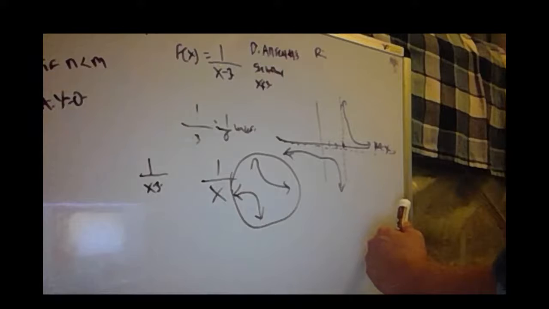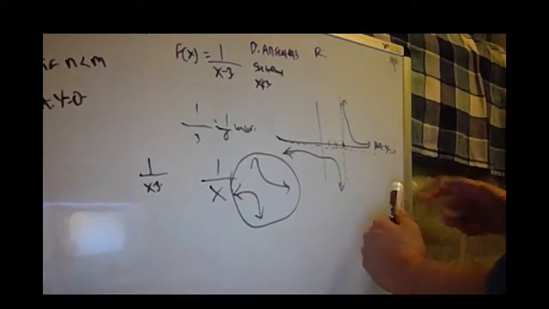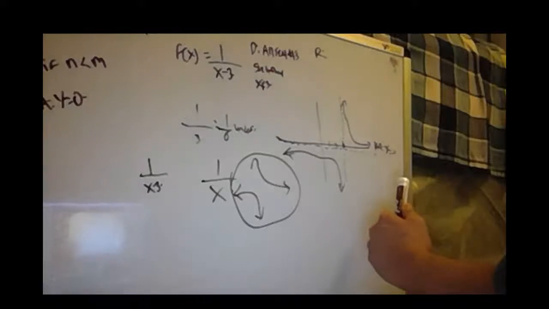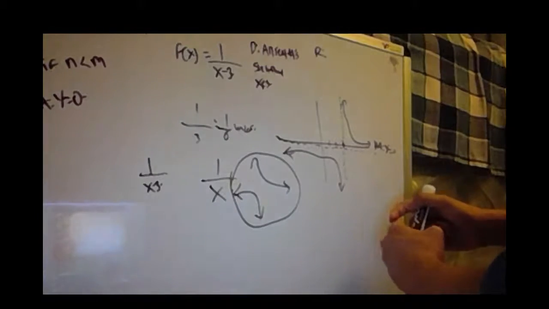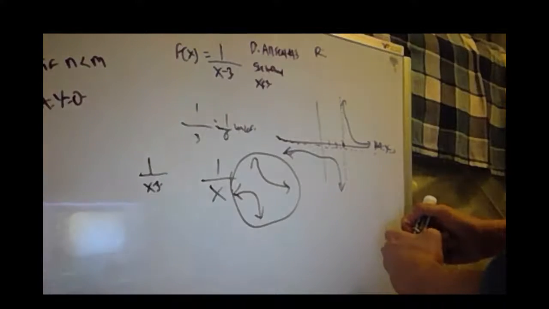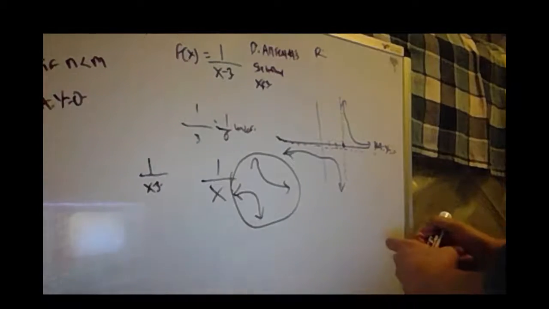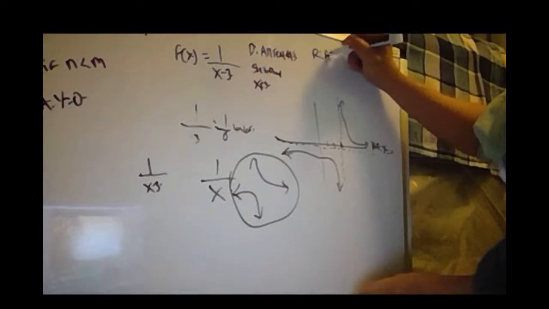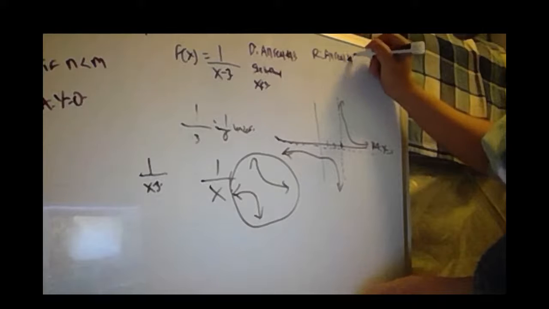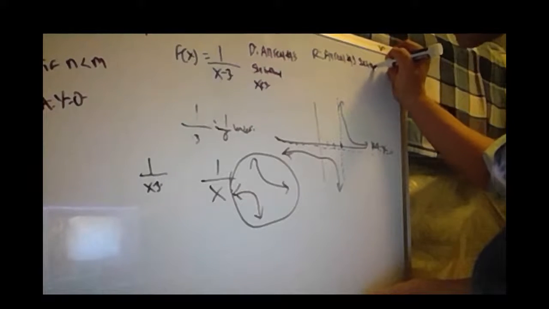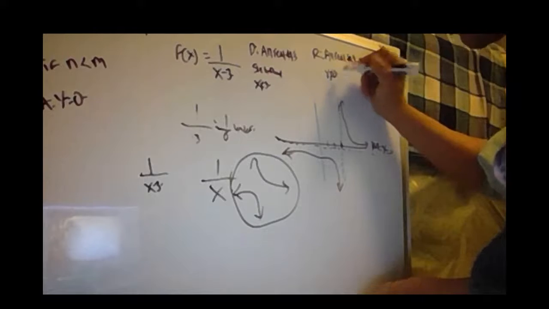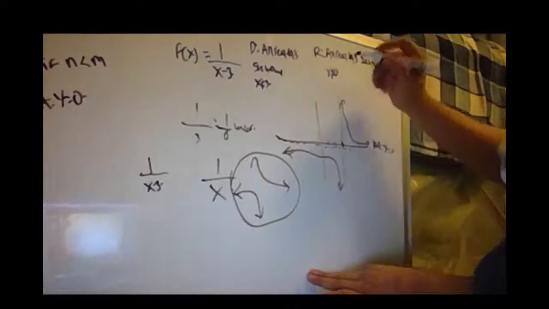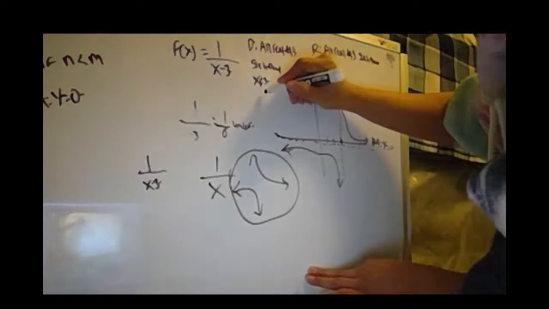If our horizontal asymptote is 0, that means we cannot include 0 in our range. If we're just writing it as all real numbers, we can say the range is all real numbers such that y does not equal 0.